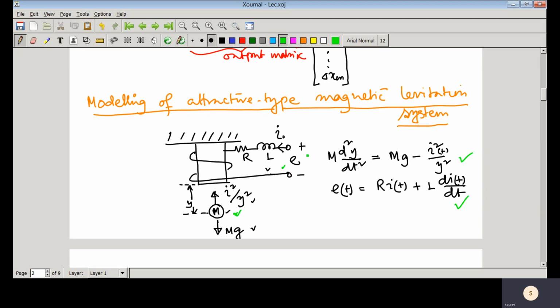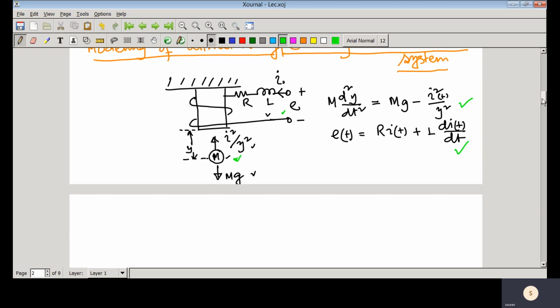We have applied the circuit law, and in the first step we will try to represent this particular system in a state space model. For that, let us define the states. From here you can understand how many state variables are needed to describe it. First of all, there are two differential equations, and they are linearly independent.